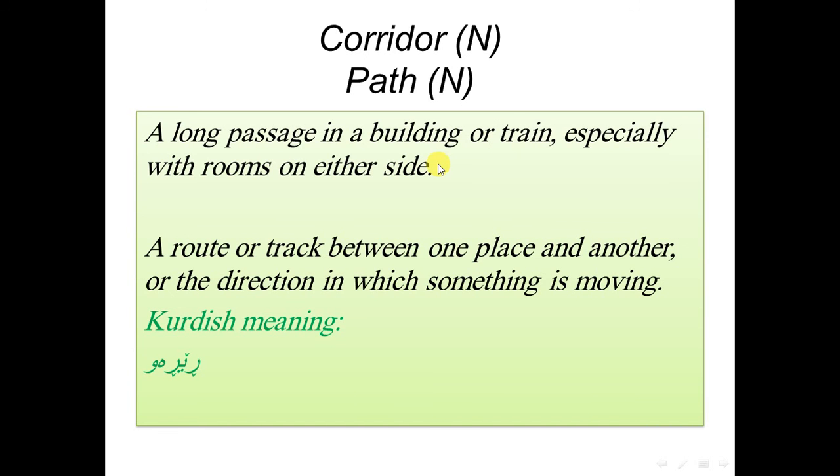So the only thing important for you to know is that a corridor is a connection between two buildings, or between two rooms, or between the sides of a bus, a train or a metro, where there are rooms or seats.